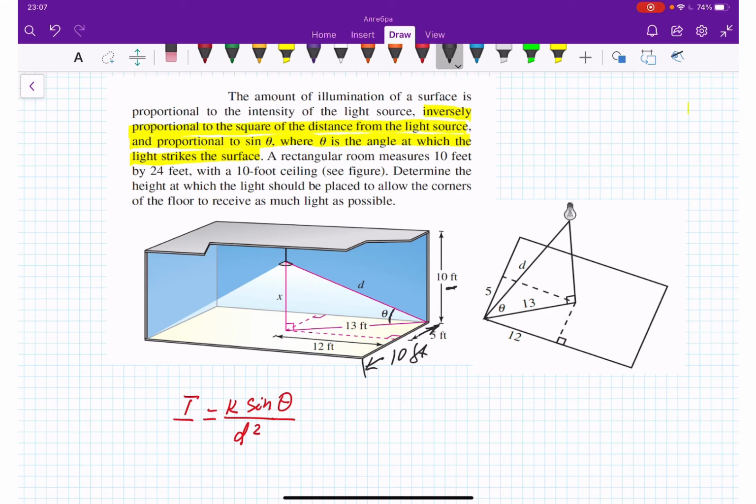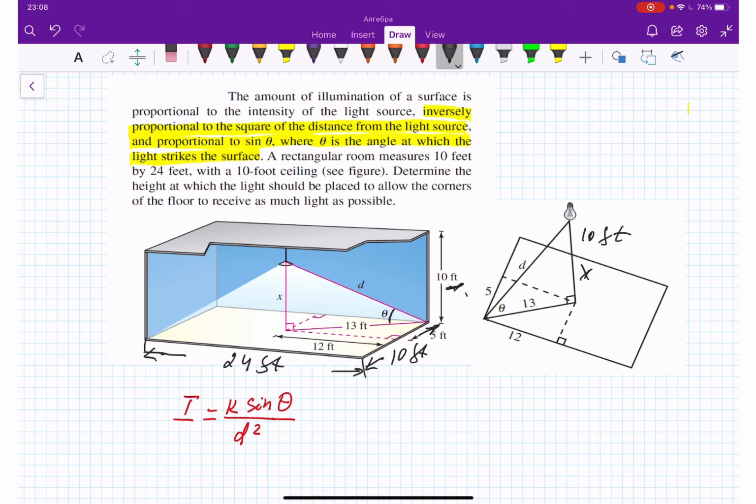And the length is going to be 24 feet. The 12 feet that you see in the picture is half of the length, so 24 feet by 10 feet, ceiling. Here it is, 10 feet, and this is our x, the height.